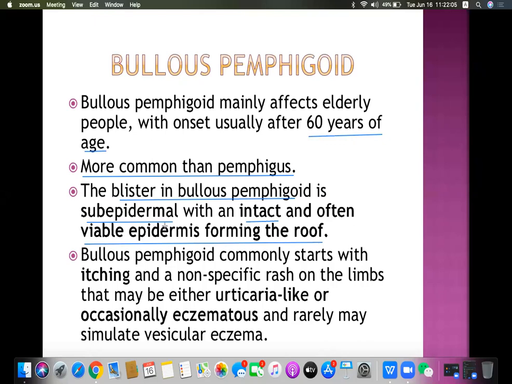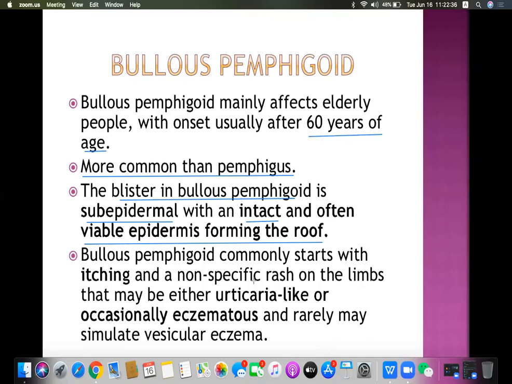The blisters are subepidermal, that means they are not easy to rupture. By the time the patient comes to us, we can still see intact vesicles and bulla, because above them a good thickness of epidermis is still present. So it doesn't allow easy rupture of the vesicle or bulla. This is an absolutely important point to separate between pemphigus vulgaris and bullous pemphigoid.